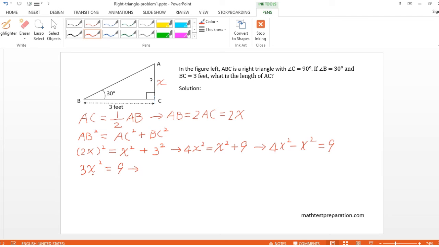Now, we divide by 3 on both sides of the equation. 3 divided by 3, so x square equals 9 divided by 3, which is 3. Now we get two solutions.